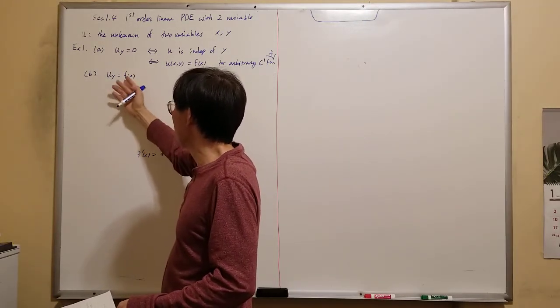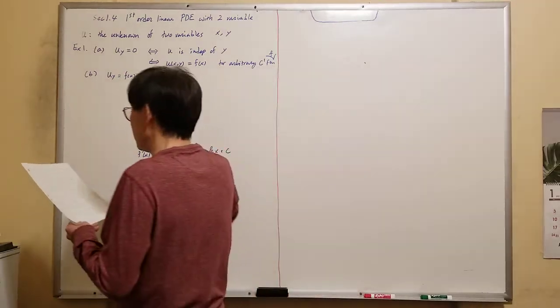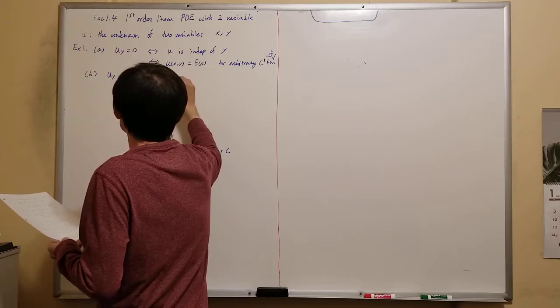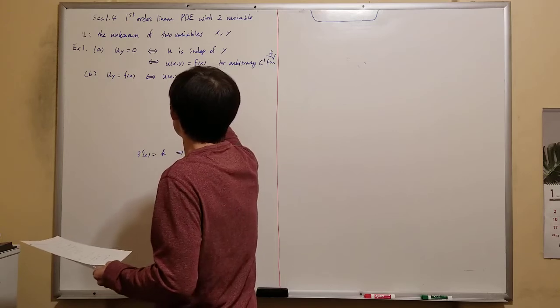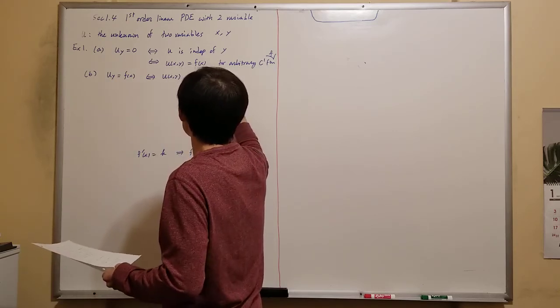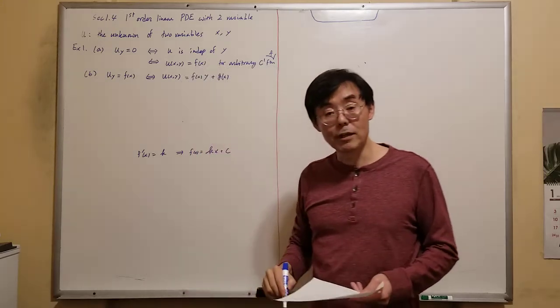With respect to y, f of x works like a constant, right? That means u of x, y is this one times this variable y, plus another constant, another function g of x.